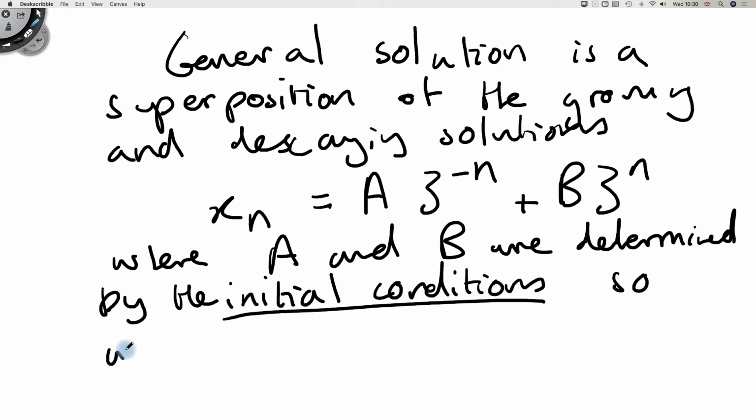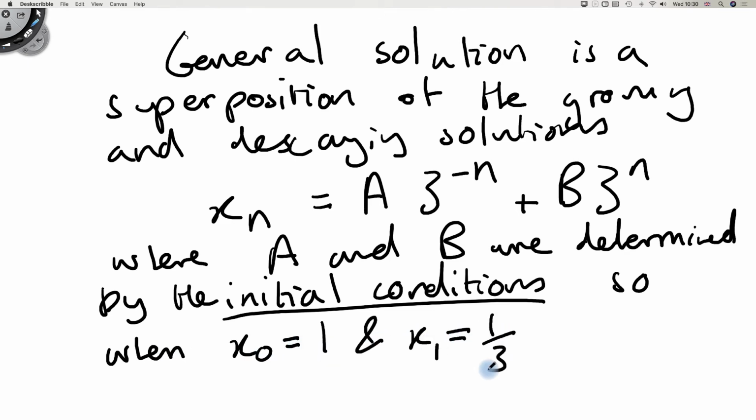So when x0 equals 1 and x1 equals a third, those initial conditions imply that A equals 1 and B is 0. Right, because you've set your initial conditions up cunningly so that they just project on the 3 to the minus n mode, but not the 3 to the plus n mode, not the growing bit. And that's very important. So we've got a true solution that should decay.